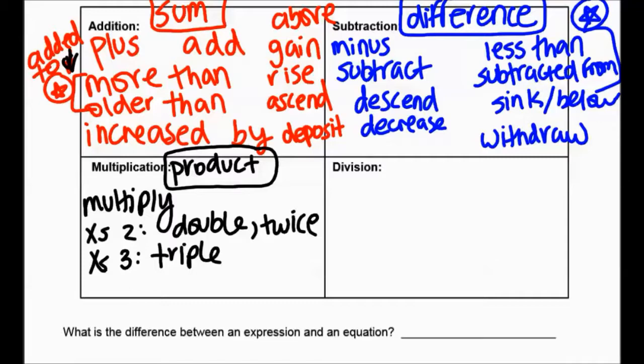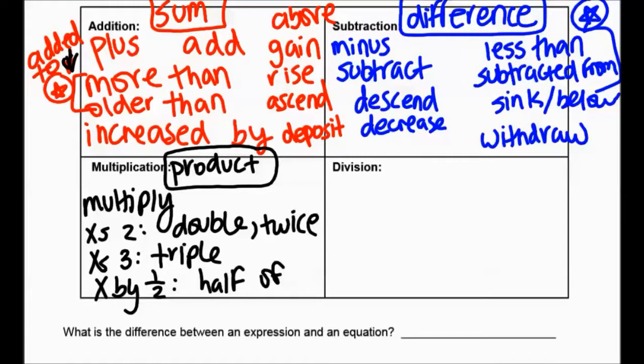And then to multiply by a half, we would say half of. You may have heard of other phrases or words that mean multiply back in elementary school, but this is really all that we're going to see this year.